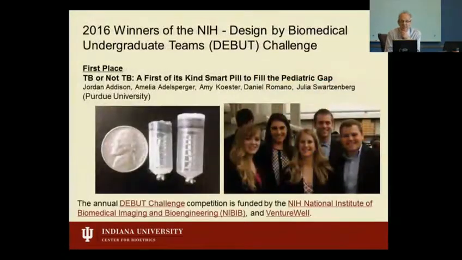I'm more familiar with this team, which is from Purdue. It was a team that last year submitted their design project to the NIH. The NIH NIBIB had a partnership with an agency, VentureWell, that supports biomedical engineering design of medical devices. They came up with a solution to a problem, which was getting pediatric sputum samples for looking for pediatric tuberculosis, particularly in developing countries.